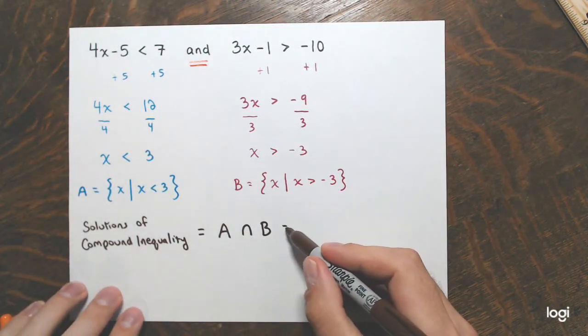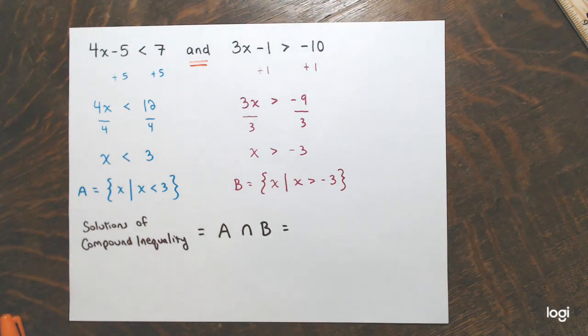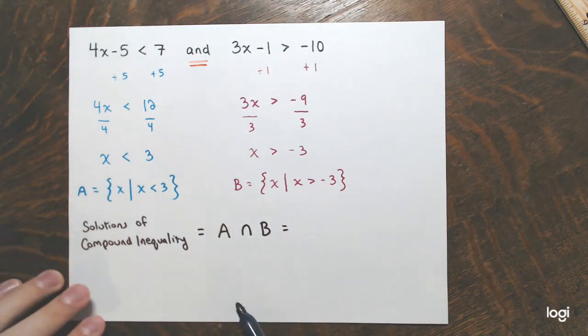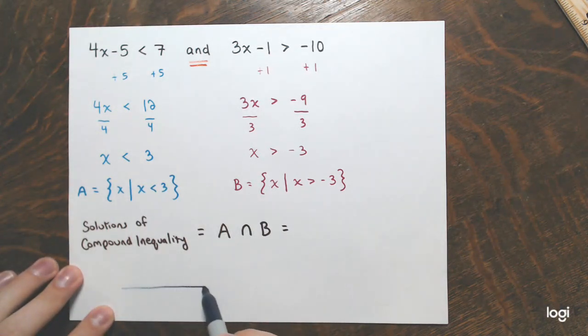And we can determine what those are here in a second. Now what I'm going to do is draw a little picture. You can probably figure it out just by looking at them. But I'm going to just draw a little picture.